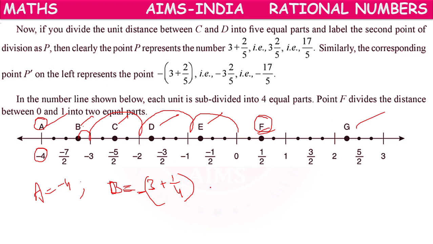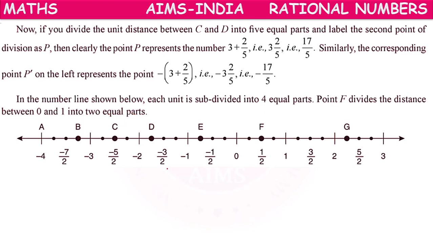Minus of 3 plus 1 by 4, or minus 3 1 by 4, or 4 3s are 12 plus 1, 13 by 4. Minus 13 by 4, that is B value.